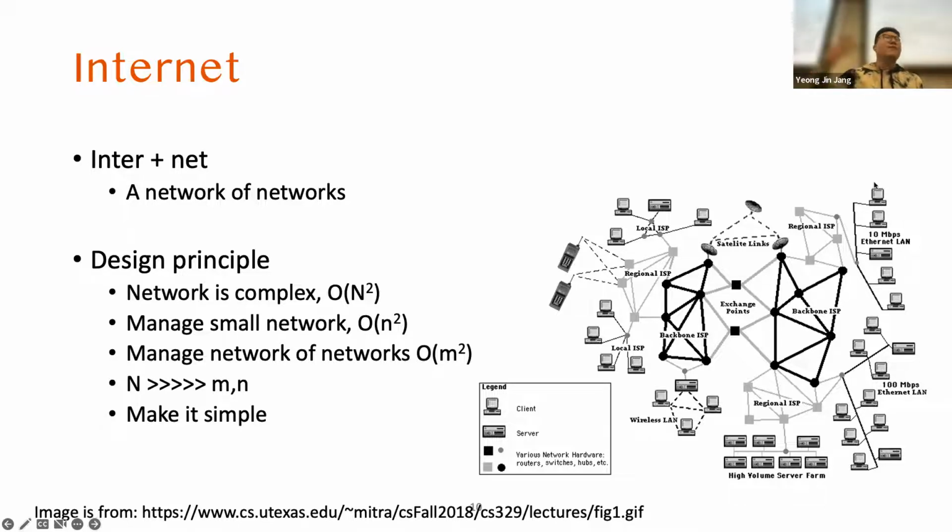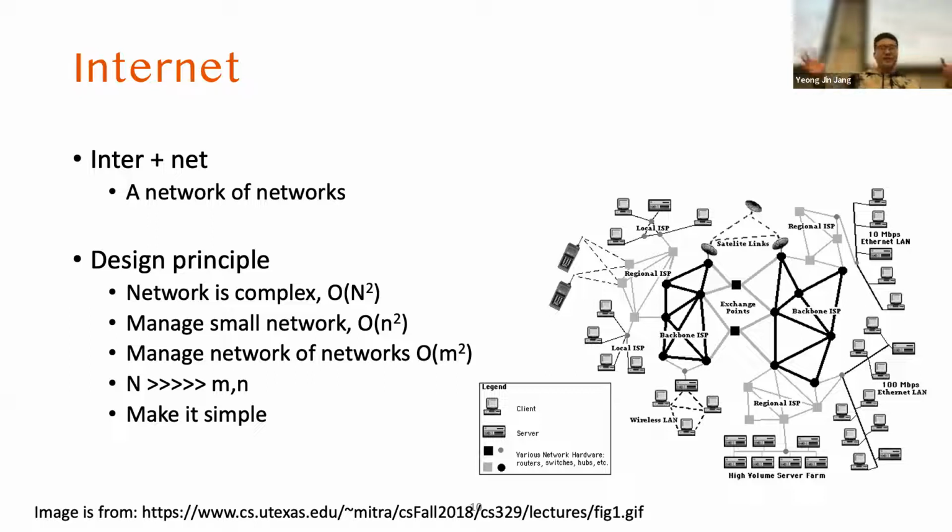For 4 computers, 10 computers, or 100 computers, managing a small network with an O(N^2) topology is not that much of a burden, but we do not have that kind of fully connected topology. If we fully connect all computers, that could be super complex.